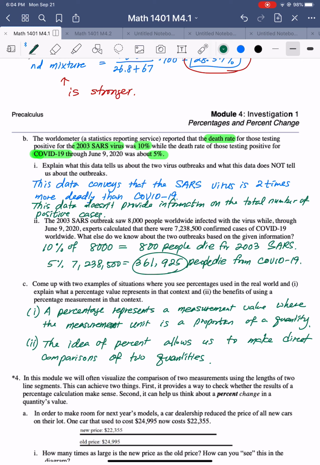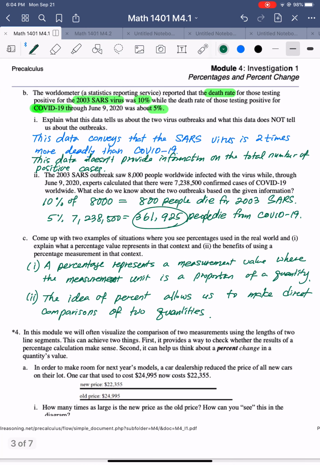One quantity you figure out as a percentage, the other you figure out as another percentage, and then you can compare the percentages to see which one is stronger, or which one has a more deadly effect from the virus. Alrighty, I think that's all I want to say for this section. Thank you for listening.